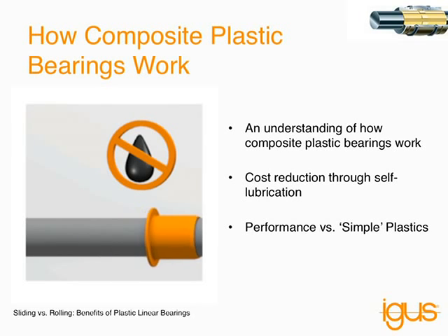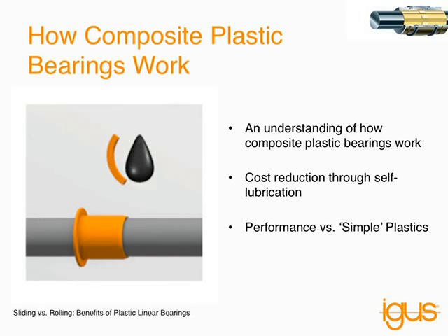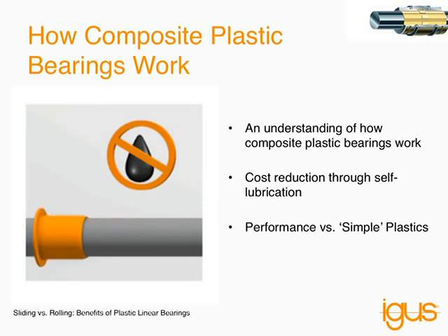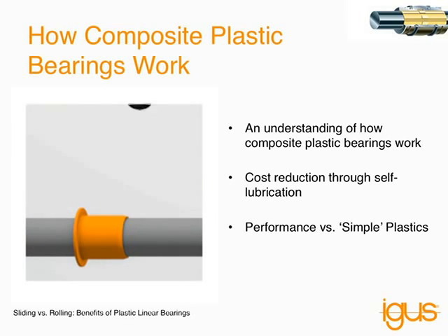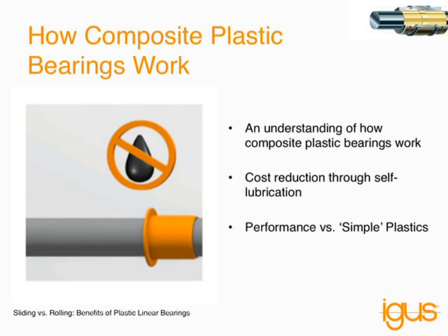The first step in the webinar today is to help you get a better understanding of exactly how composite plastic bearings work, how they're able to offer cost reductions through self-lubrication, and how what we call motion plastics or engineered plastics differ from simpler commercial plastics available on the market.